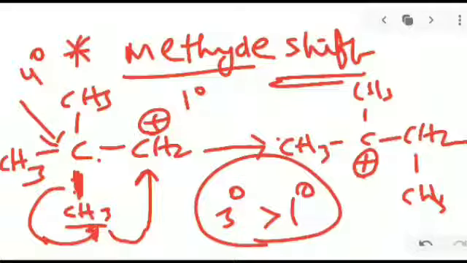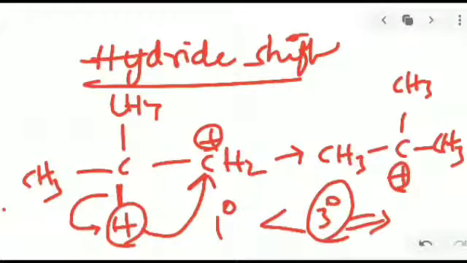In the hydride shift, H minus attacks the positive carbocation, next to the primary. In the methyl shift, the methyl cation attacks CH2 plus. So this is what happens, and the tertiary carbocation will be produced, which is more stable than this. So this is today's class, about hydride shift, and we also see the stability of carbocations.